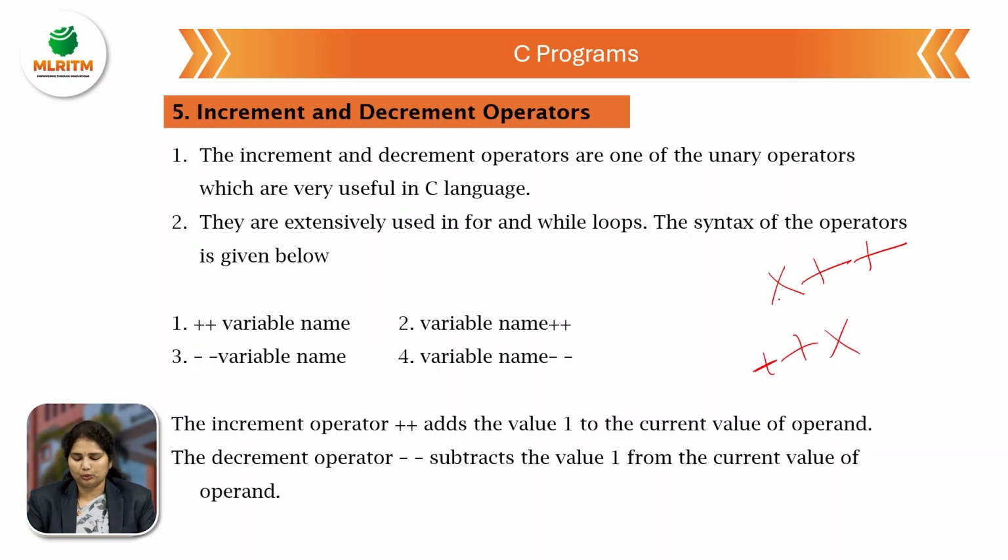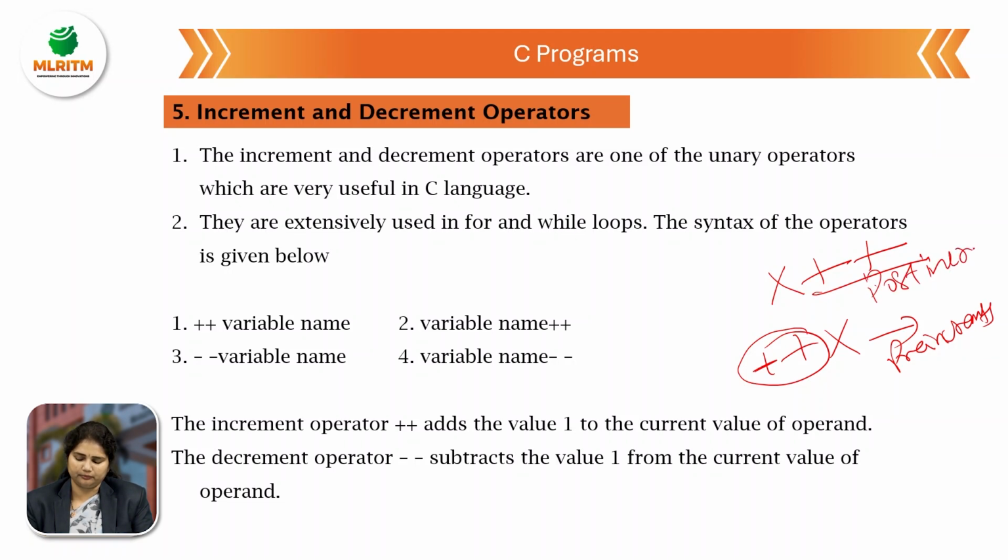Here we have two types. The first one is pre-increment and the second is post-increment. When we write the operator before the operand, it is called pre-increment. When we write the operator after the operand, it is called post-increment. These are the two types we have.